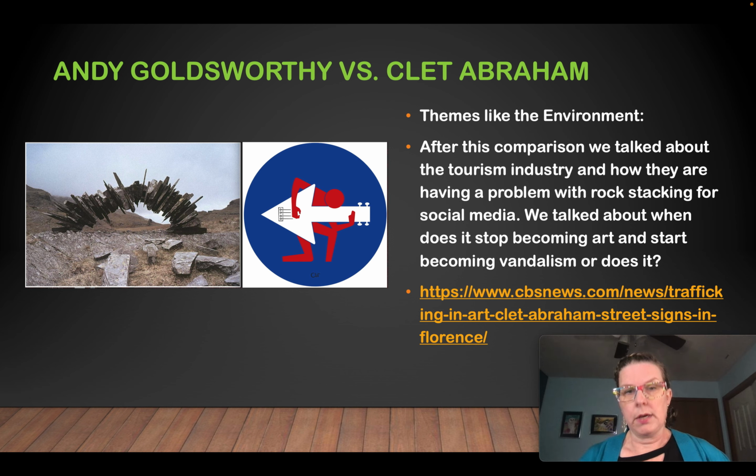Or does it stop becoming art? Could this sign actually become a hazard? The kids had a really good discussion, because some of them said, I don't think so. I do. I was thinking of the sign as, I couldn't read it, but then somebody else said, maybe you would be too busy looking at it and you would cause an accident. So it did start a really good discussion that maybe didn't have so much to do with art, but started from art.